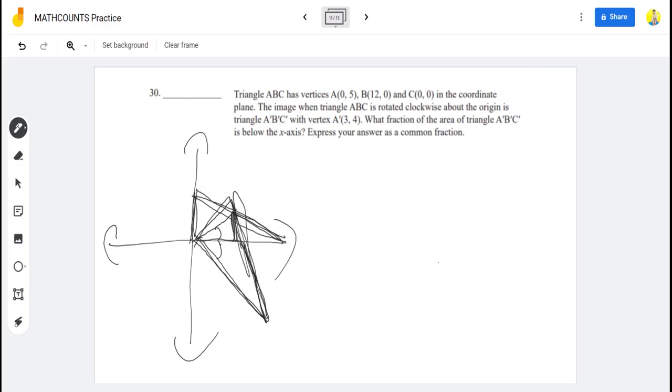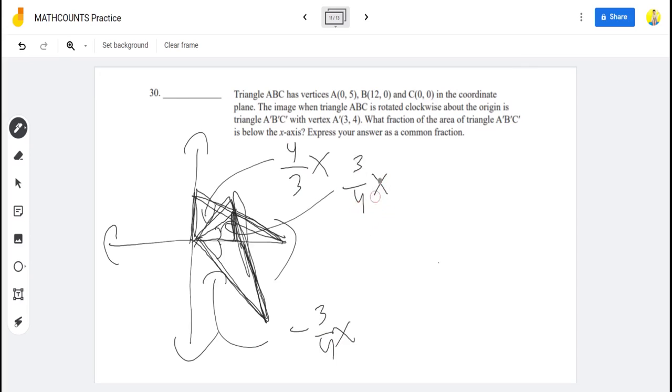And to find that, we basically see that the slope of this line right here is 4 over 3x, and the slope of this line is -3 over 4x. That means the slope of that line is just that reflected over the x-axis, which is just 3 over 4x. We see that 3 over 4x equals -5 over 12x plus 5.